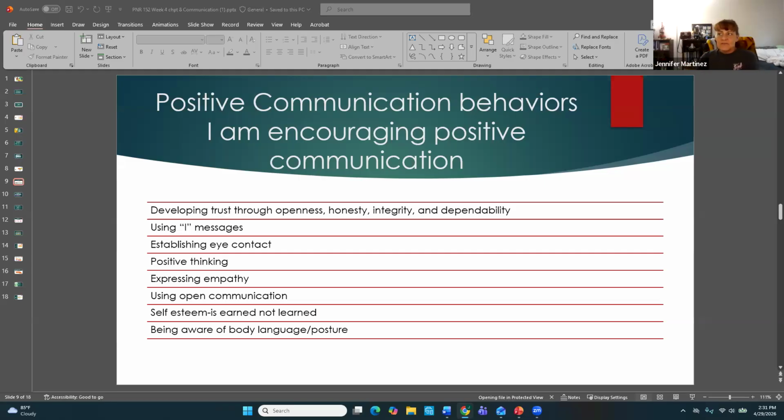It also gives you permission to recognize that you have something special to offer. Again, self-esteem is earned, not learned. We can't learn how to have good self-esteem. It is something that comes from within us and from things that we do and accomplish.